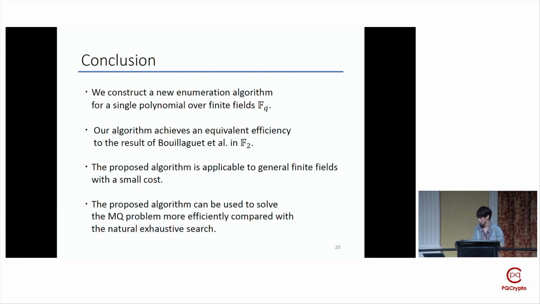And the proposed algorithm is applicable to general finite fields F_p^r with a small cost. And finally, it can be used to solve the MQ problem more efficiently compared with natural exhaustive search, like the result of the enumeration algorithm of Boyer-Get et al. That's all. Thank you for listening.